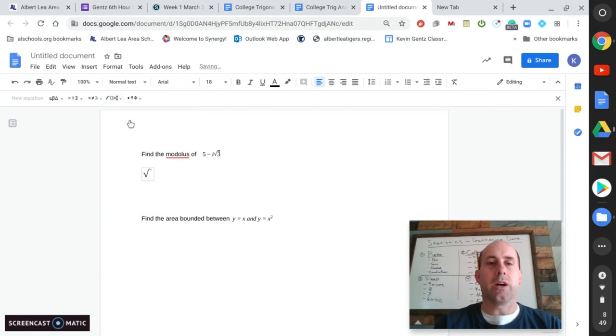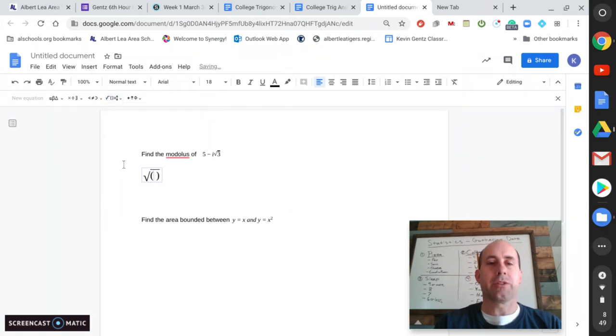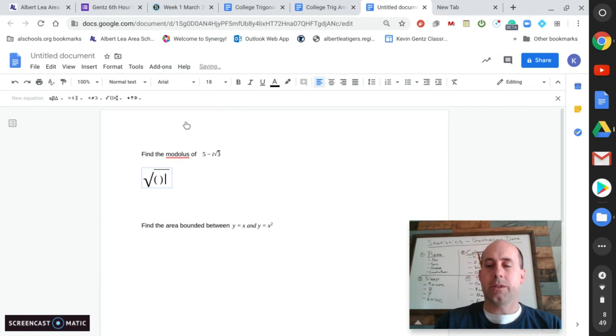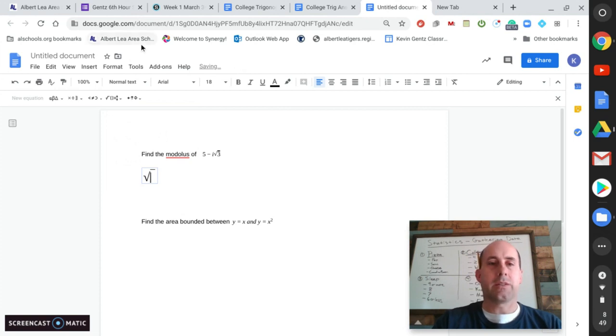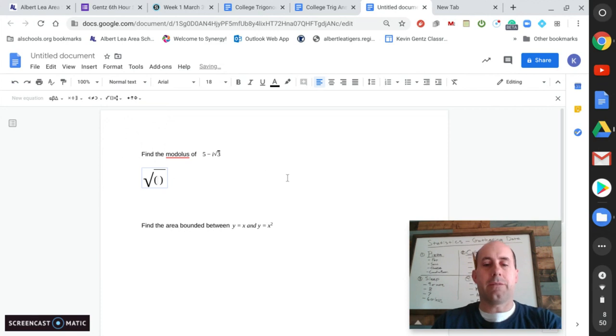Take the square root of, and just for the sake of showing you the operations, I'm going to put some parentheses under there so you can see. Actually, we're going to square that. I'm going to get rid of that parentheses. So we're going to take a square there and a set of parentheses in that. So you can see I have 5.